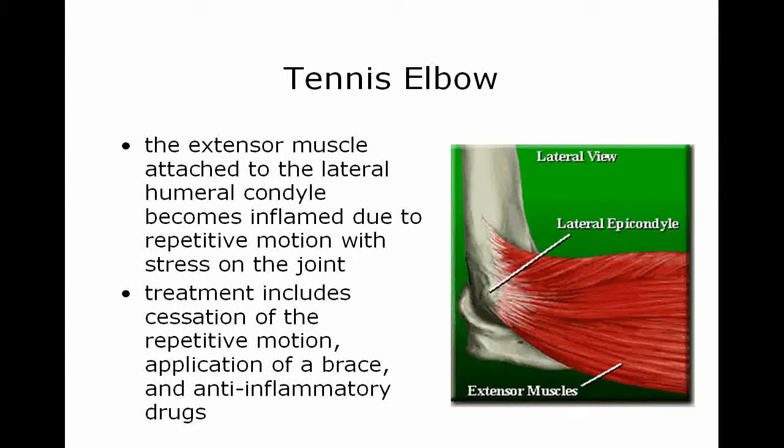It's all about the lateral epicondyle that you're seeing in the picture and the extensor muscles there. The extensor muscle that's attached to that lateral humeral condyle becomes inflamed because of some repetitive motion and stress on the joint. Treatment is resting that joint and trying to stop that repetitive motion.